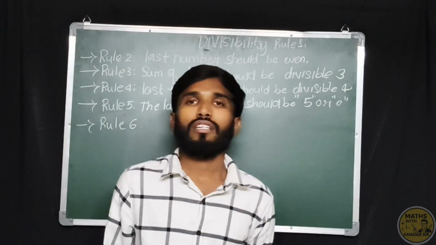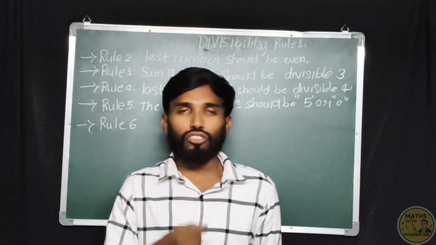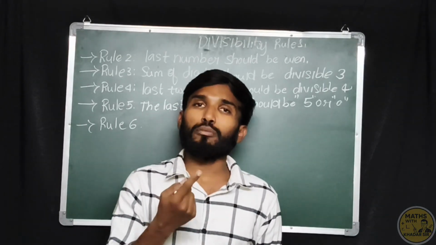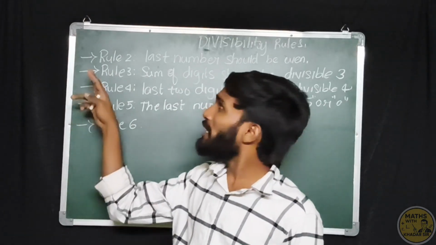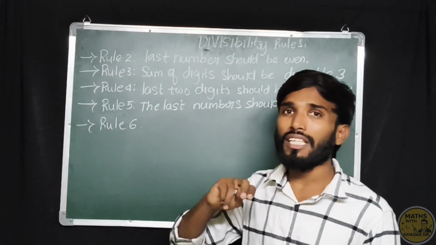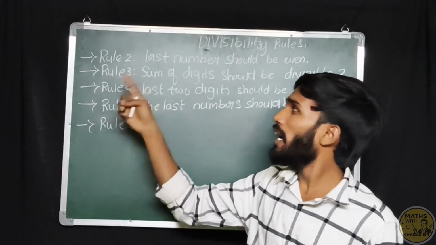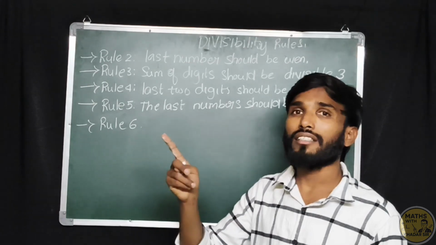The divisibility rule of 6 is somewhat difficult but also easy. Nothing but the given number should be divisible by both 2 and 3. That means we are revising rule number 2 and rule number 3. What is that? The last digit should be even and the sum of the digits should also be divisible by 3.